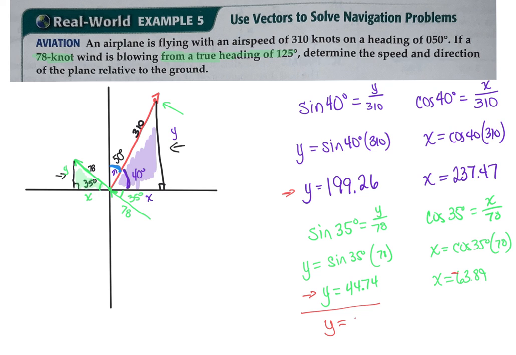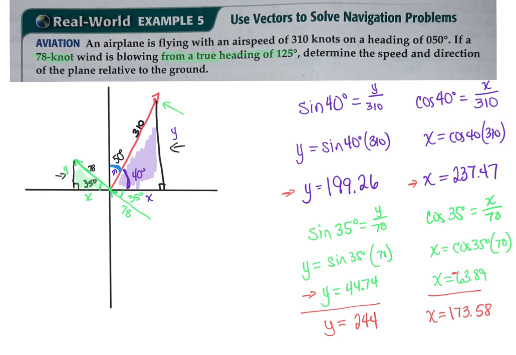I'm going to have a Y movement of 244. Okay? The X movement is going to be this 237.47, but I have a negative 63.89 here. So my X movement is going to be 173.58. Now, both of those are positive, okay?